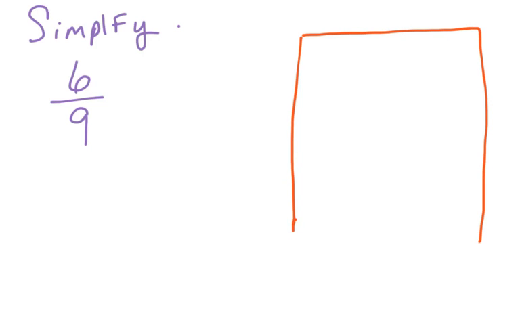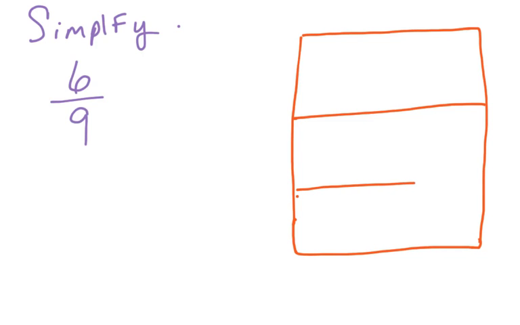And remember, as I always say, I'm going to try to draw this as evenly as I possibly can make it. So what I'm going to do is split this into 3 equal parts. And then I'm going to split it into 9 parts. Now I should have 9 parts.